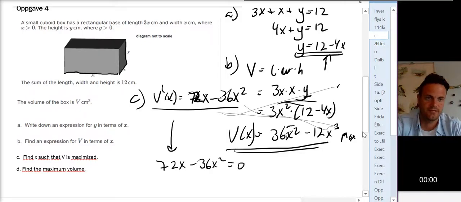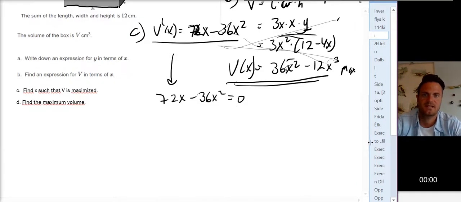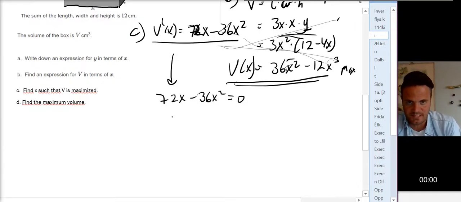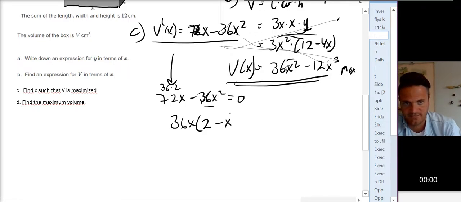Like this, to find minimum and maximum points. And here are just 2 terms I can factorize. 36 is a common factor because 72 is 36 times 2, and x is a common factor, so I can put this outside. Then I only have the number 2 left in this term, and here 36 is out, x is out, then we have 1x left, so it looks like this.